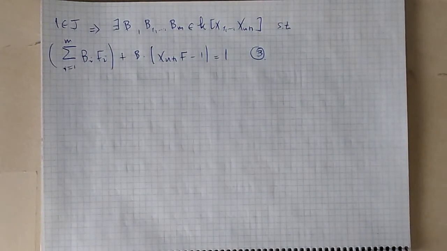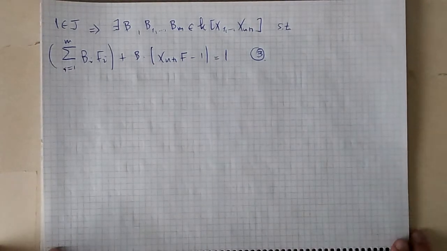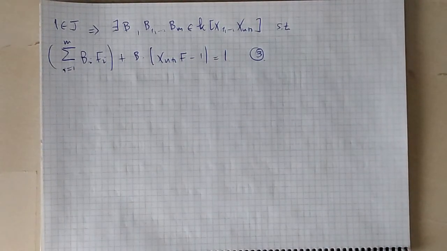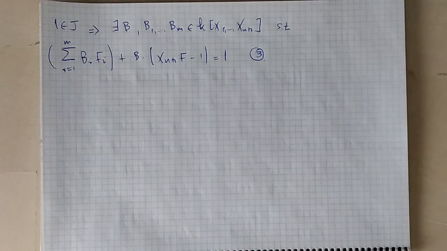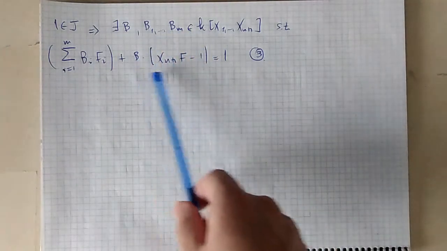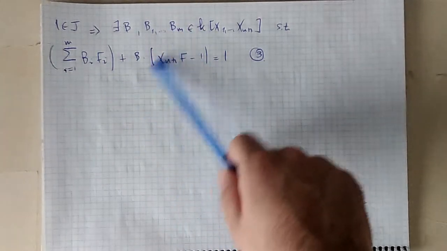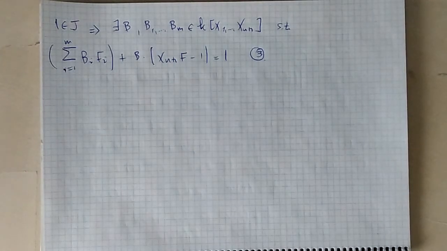So we have this relation, right? And now the idea is that we're going to define a ring homomorphism, which I'm going to call phi, and apply it to this equation here, and somehow we're going to kill this. We're going to destroy this guy over here, right?